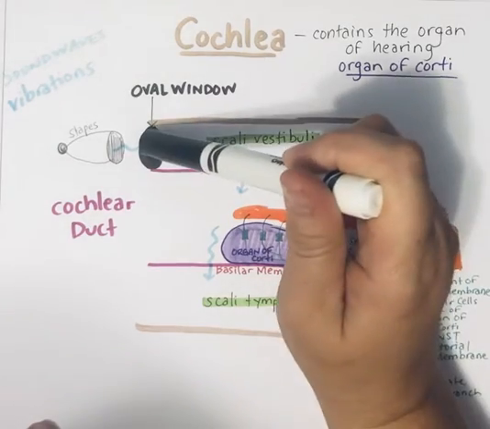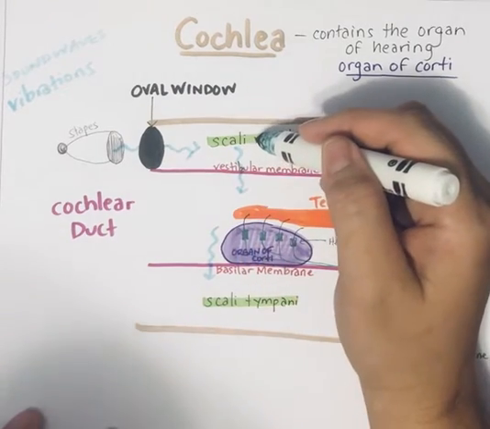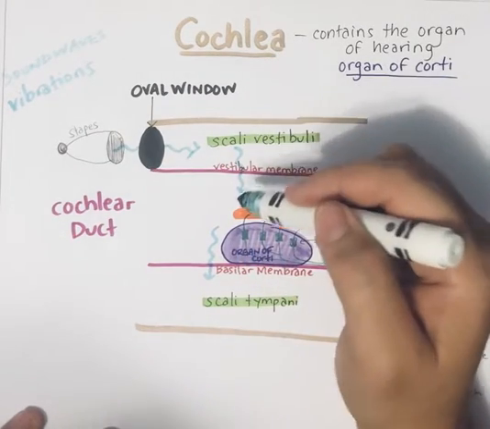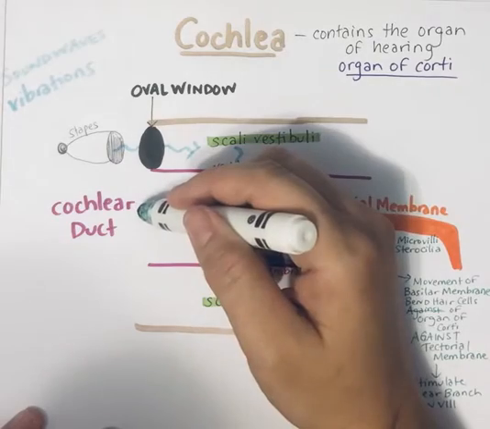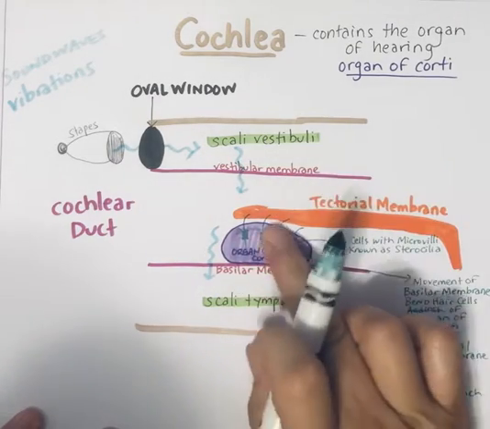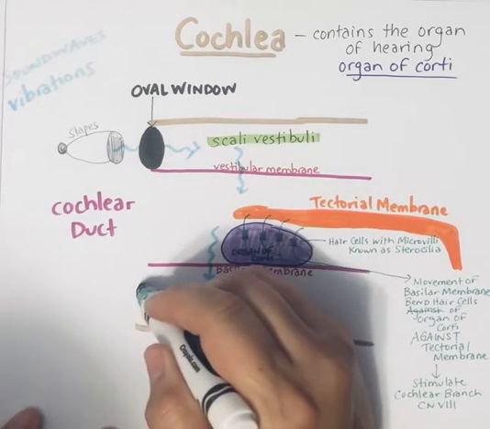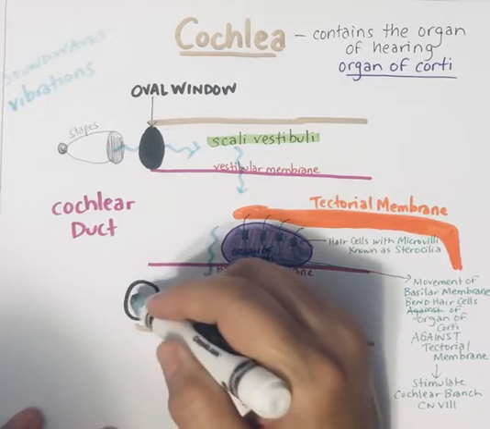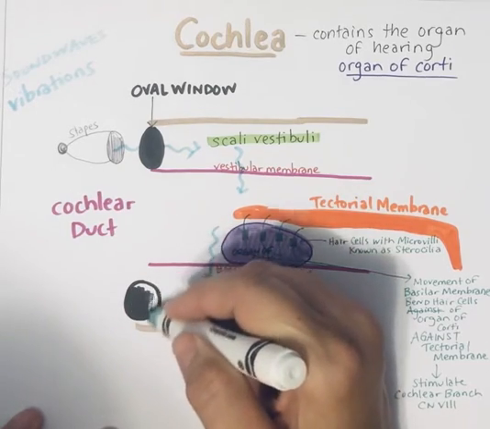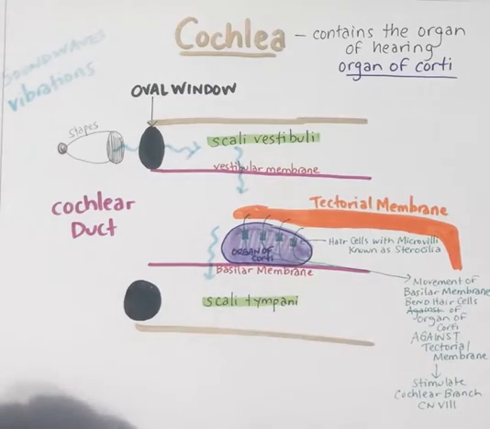So the oval window is where it enters. It goes to the perilymph of the scala vestibuli, to the endolymph of the cochlear duct, which is the membranous labyrinth. It goes through the basilar membrane, which vibrates the hair cells. And then it needs a way to exit. So right here, we have the round window. Now the job of the round window is to allow for the sound waves to exit.